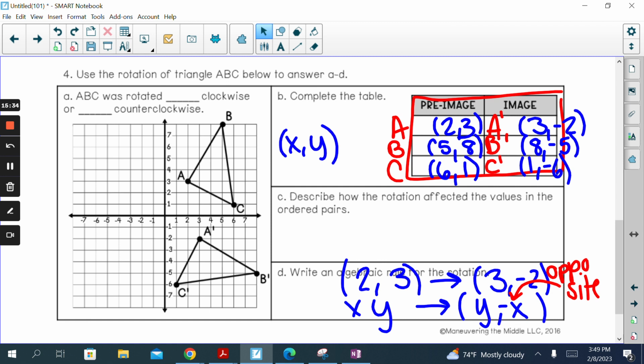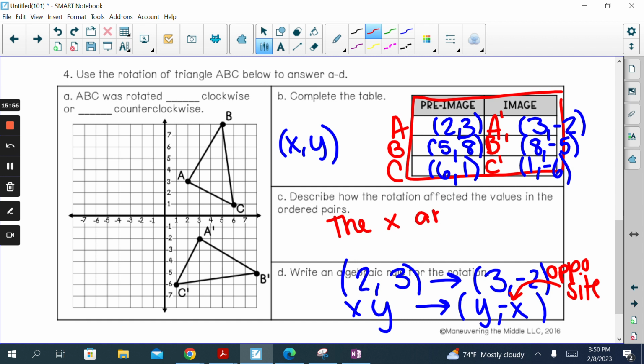Then describe how the rotation affected the values in the ordered pair. Well, the x and y values switched locations, and the sign of x flipped. So it's basically what we talked about algebraically, but in words.